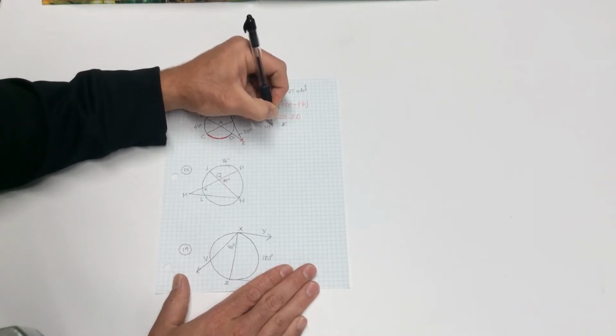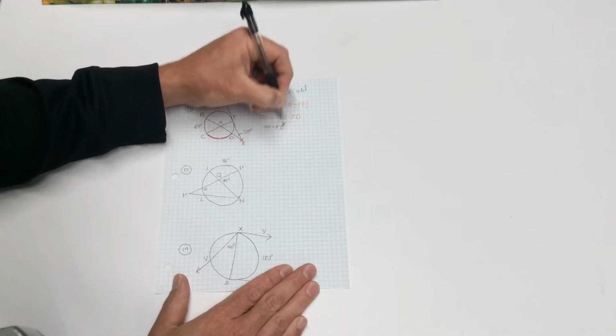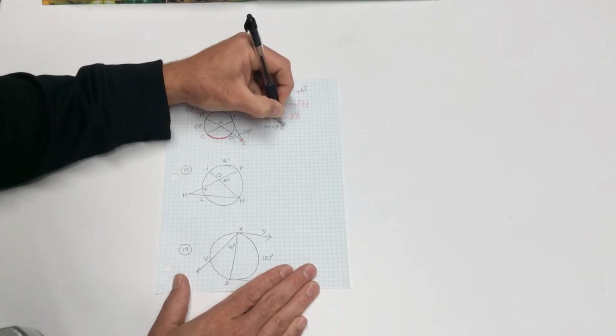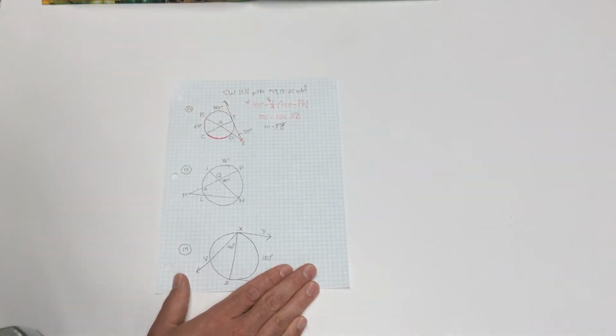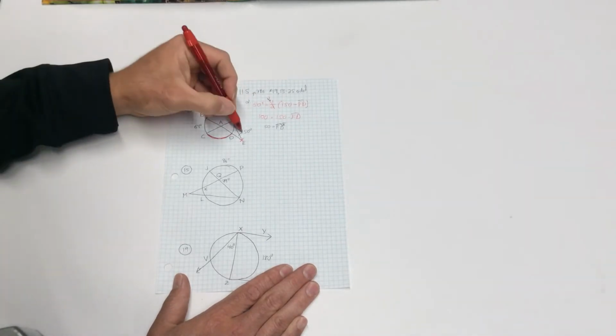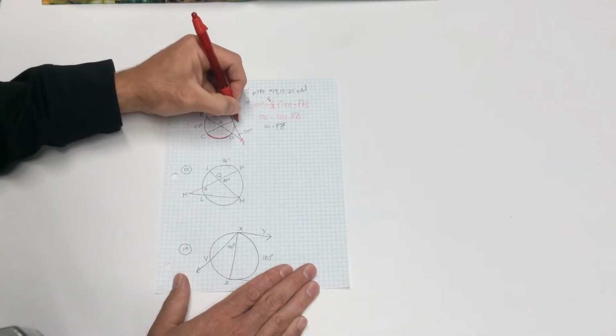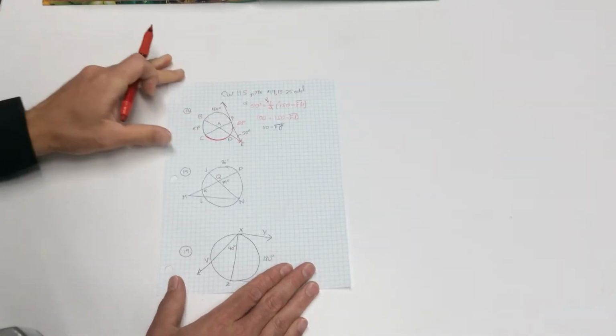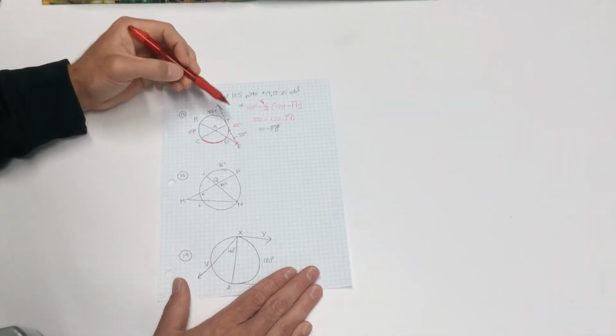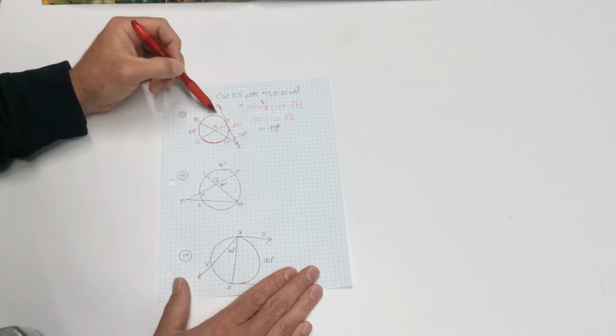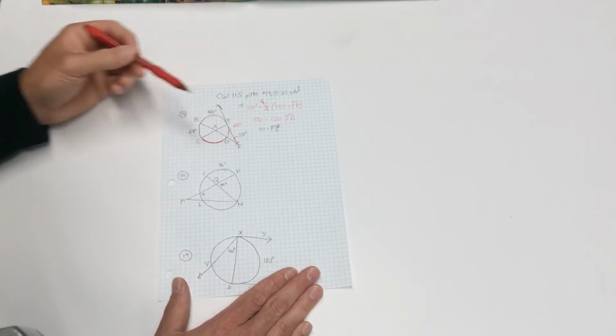So 50 equals arc FD. Don't get confused, it doesn't always equal each other, but this FD is just 50 degrees. Because I can see 150 minus 50 is 100, and 100 cut in half happens to be the same number, 50.